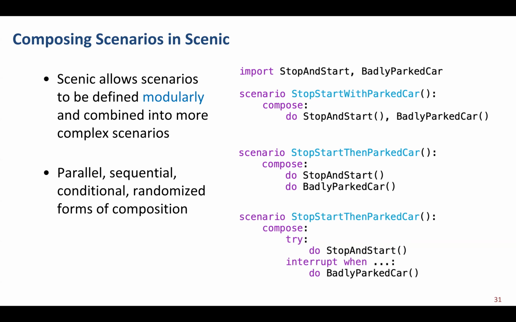Or you can actually have this form of composition, which you can think of as a hierarchical composition or a conditional composition, where you have one scenario, the stop and start scenario, that begins, but then at some point that scenario can get interrupted, and then you go and execute a different scenario, and then you come back. Okay, so very similar to behaviors, right? You can have this sort of try-interrupt composition, but now this is happening at the scenario level.